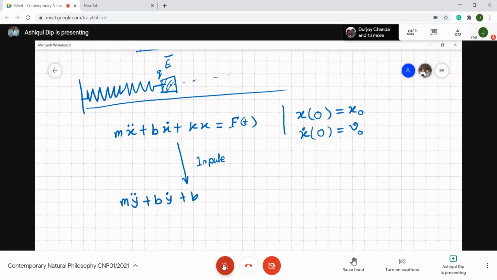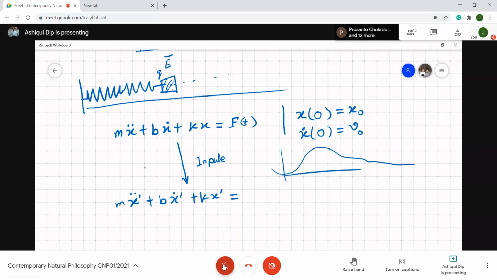Actually no, I should write using the original form. Let's say it's fine because I'm not going to use it here. So m x double dot plus b x dot plus k x equals, instead of giving a function that is distributed over time, you actually give a delta function.